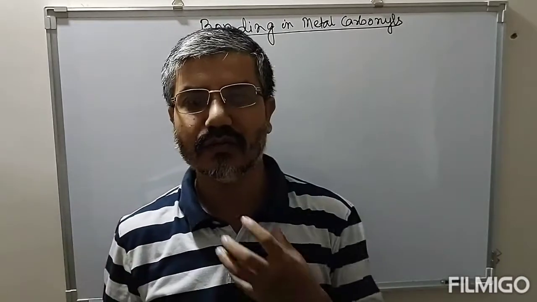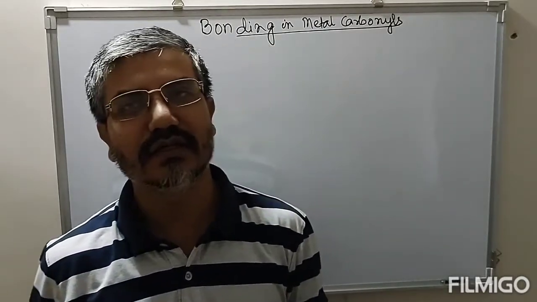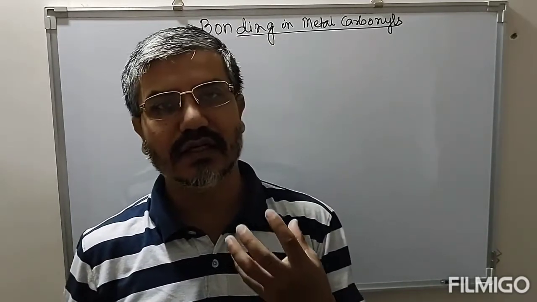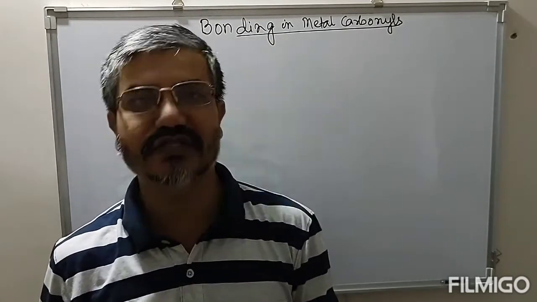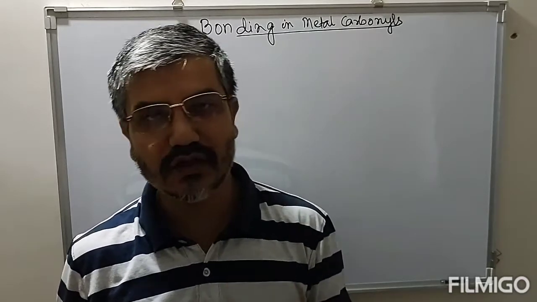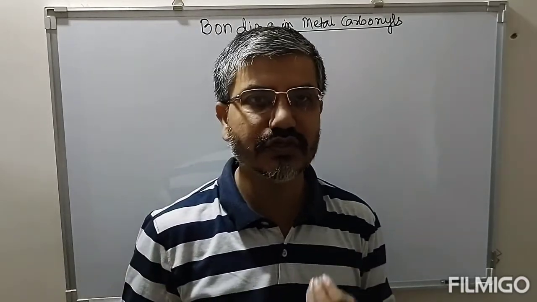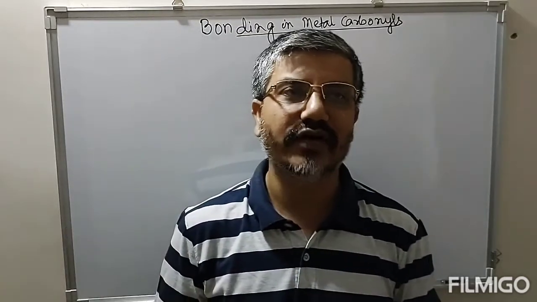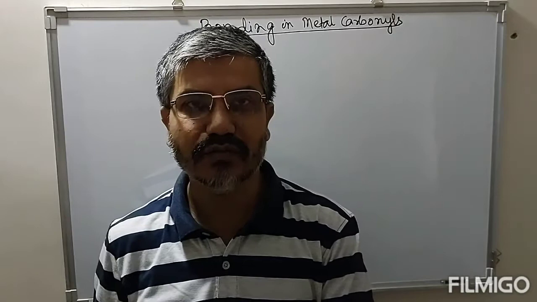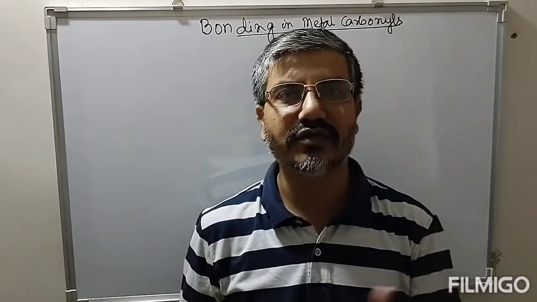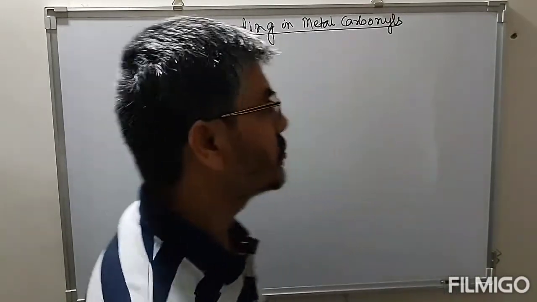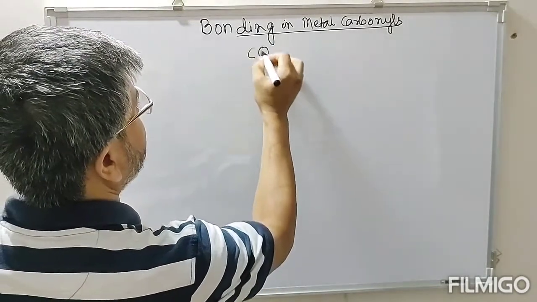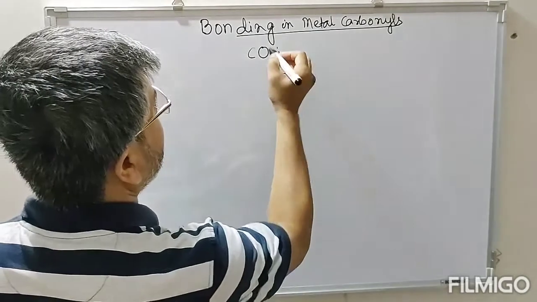Second, if you look at the structure of carbon monoxide, carbon as well as oxygen both have a lone pair of electrons. So the question arises: while bonding with the central metal, is it the carbon that bonds with the metal or the oxygen? Look at this carbon monoxide.